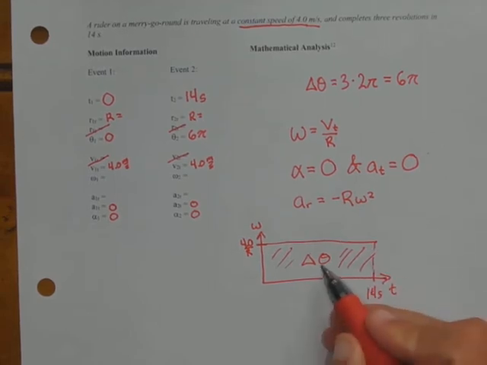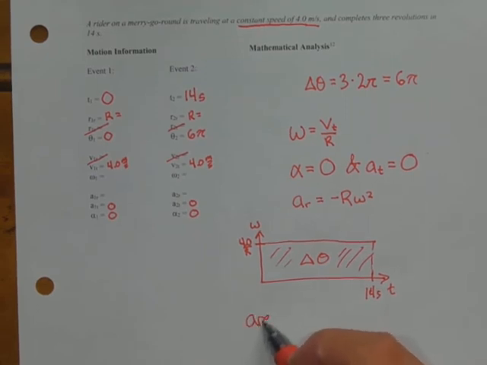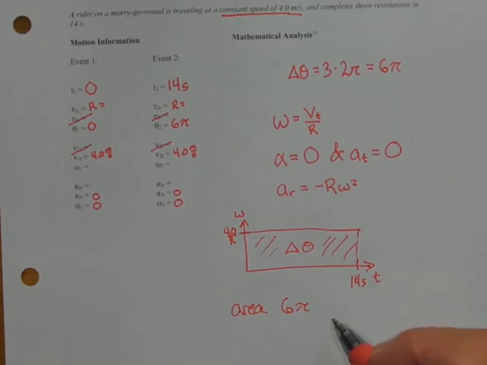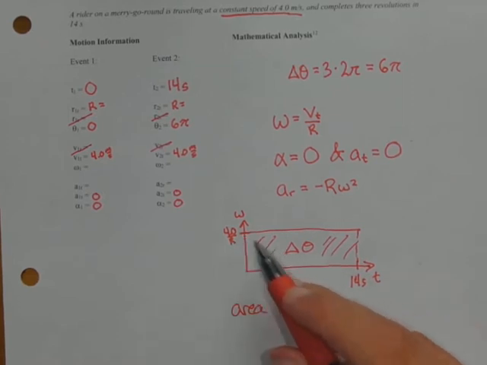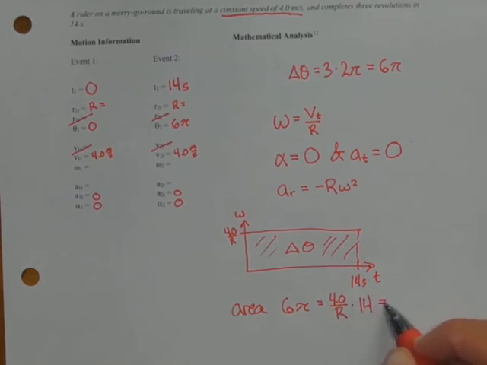I do know what the angular position is. The angular position is equal to 6 times pi. So by looking at the area on my graph here, I have 6 pi is equal to 4 meters per second divided by the radius times 14.